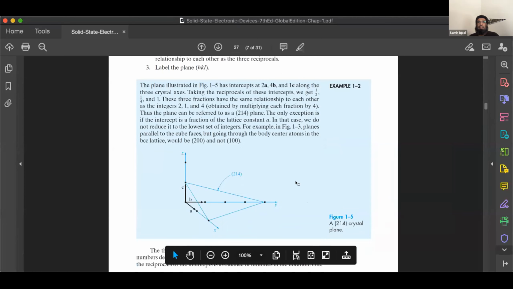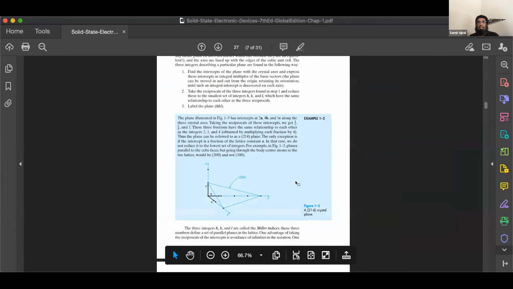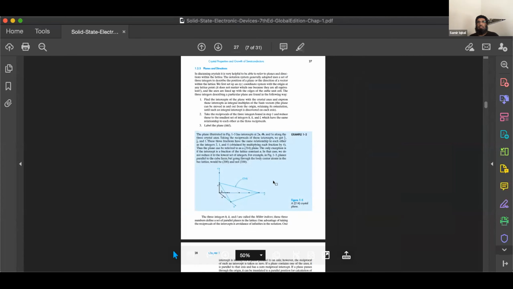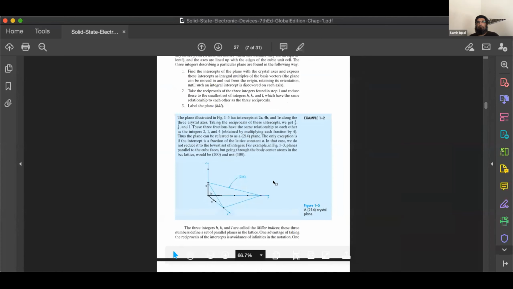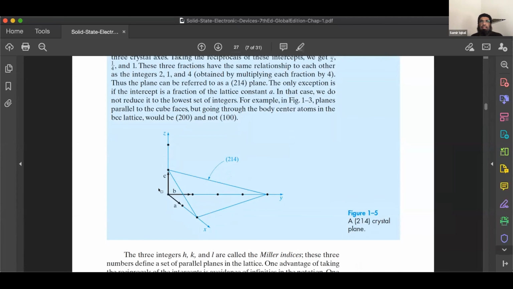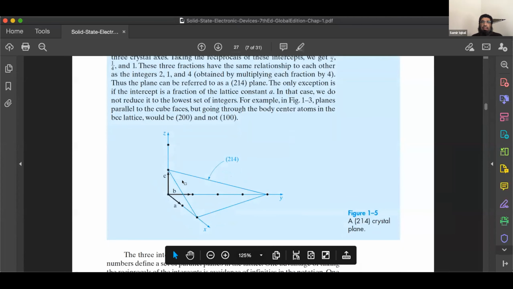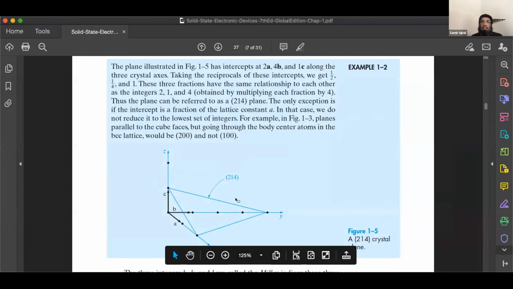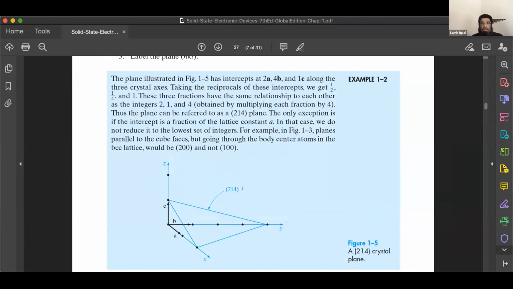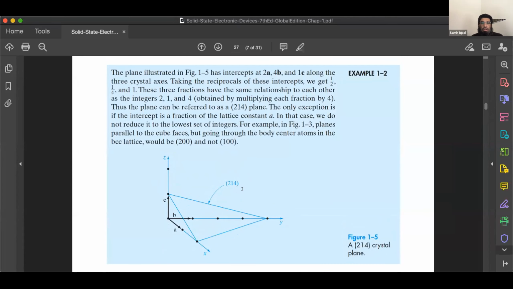So what's the process? Let me make it larger. So, okay, they gave us a plane. They said, okay, this is the plane. Find the plane coordinates, right?